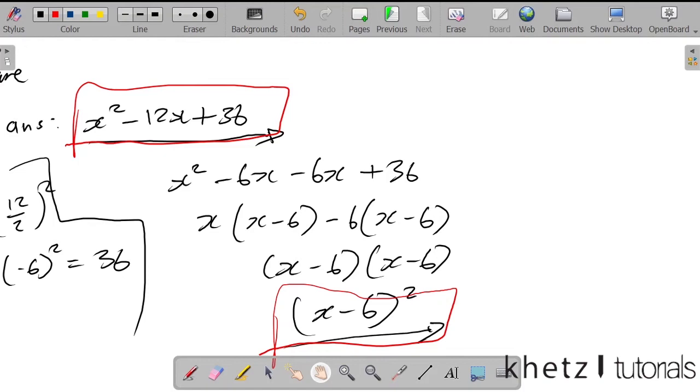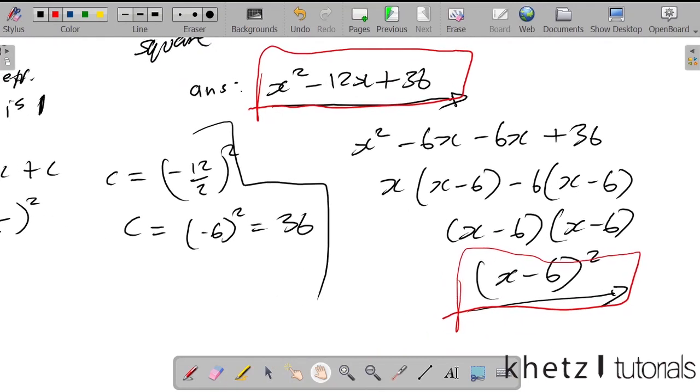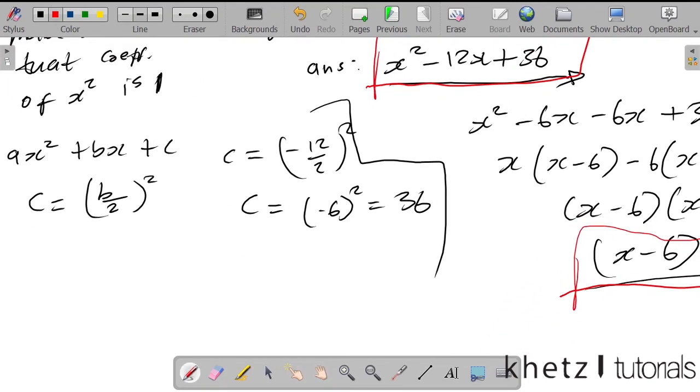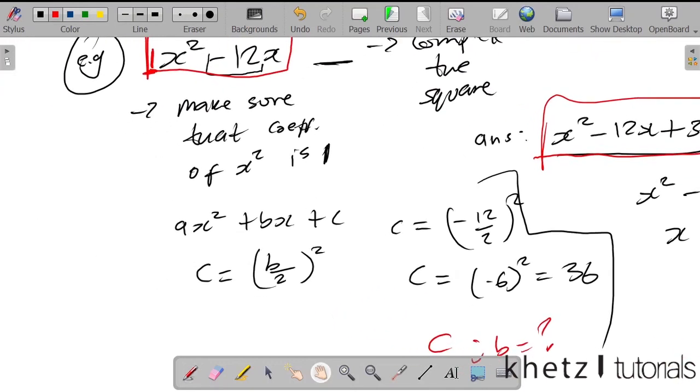You basically just take a certain value and you compute the c value using your b. So you can actually manipulate the c value. Let's say you're given c and you're asked to find b in this general form of the equation.